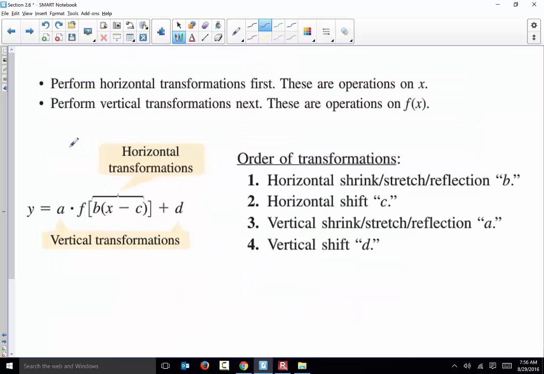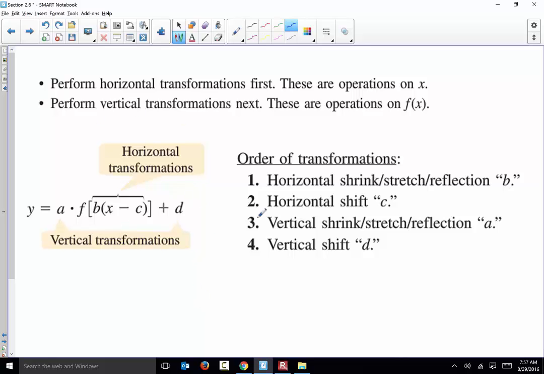Alright, now when you are doing mixed transformations, transformations involve a lot of steps, stretch, shrink, moving up or down. Order matters. You need to start with the right transformation first. So which one is first? We need to do horizontal transformations first and then vertical transformations.